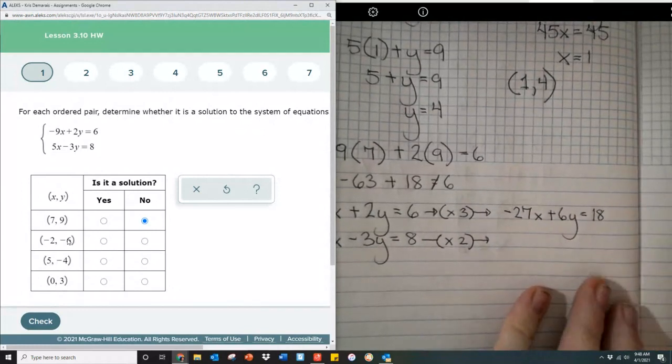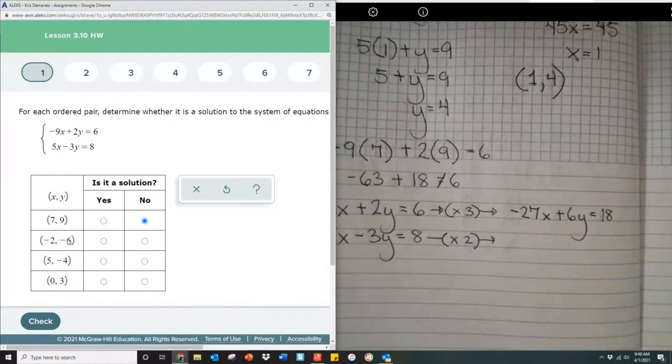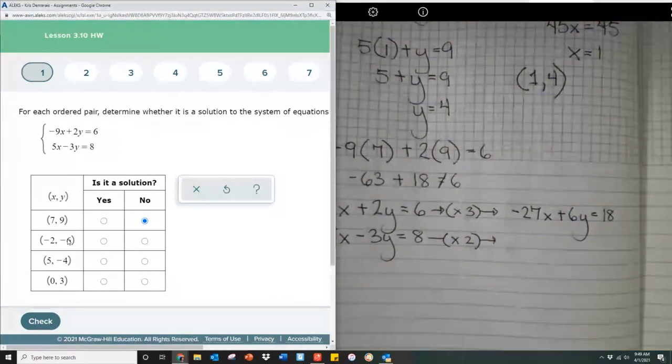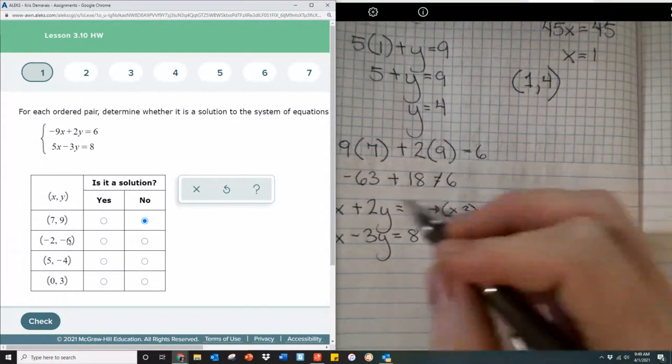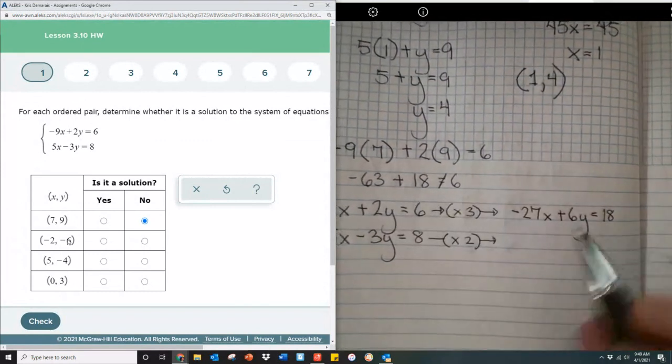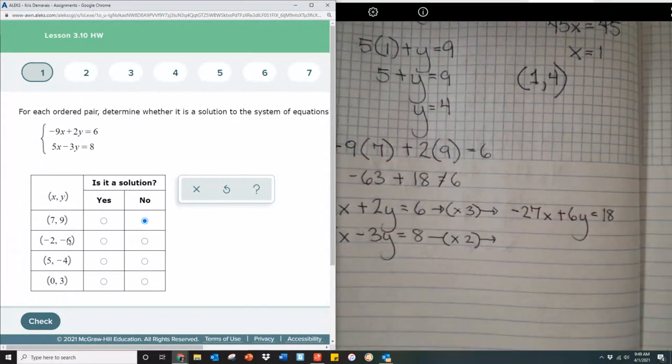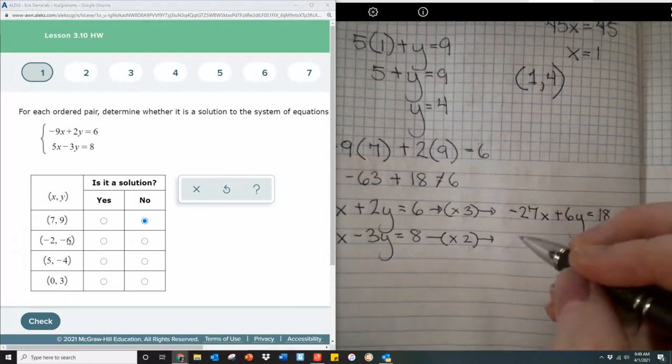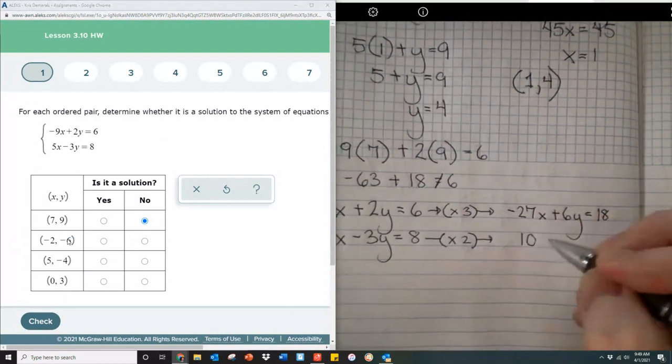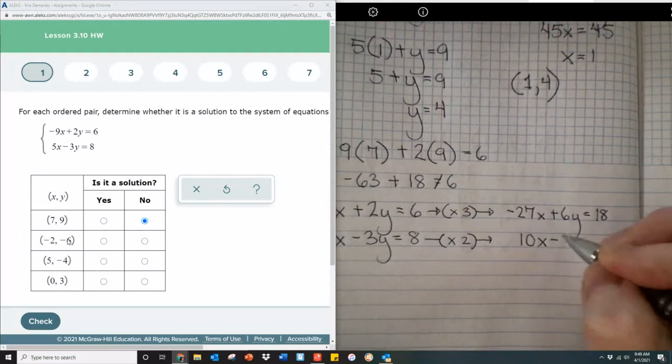This is not hard multiplication, guys. I mean, this is basic multiplication. And why am I choosing this is because once I multiply 3 by 2, I'm going to get 6. When I multiply 2 times negative 3, I'm going to get negative 6. So it eliminates the y's because I'm going to add them together.